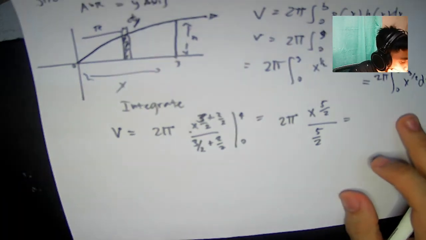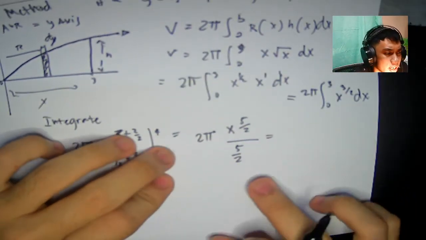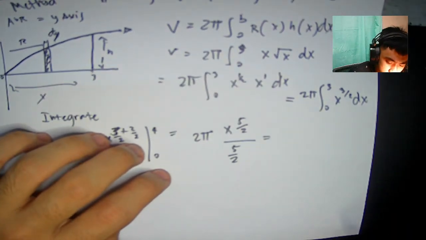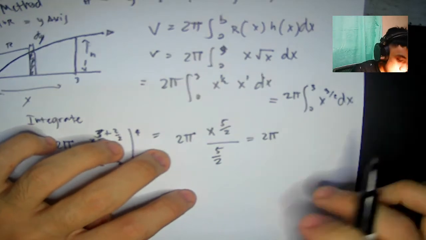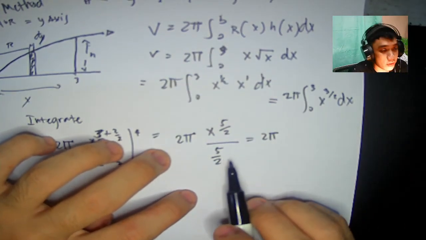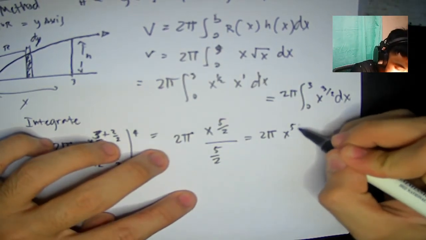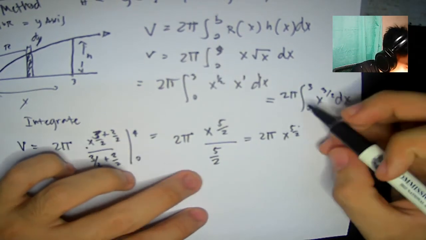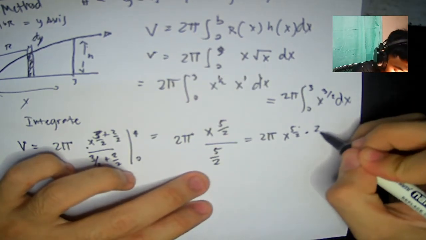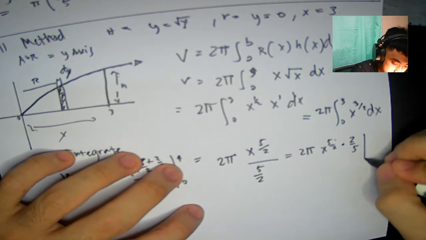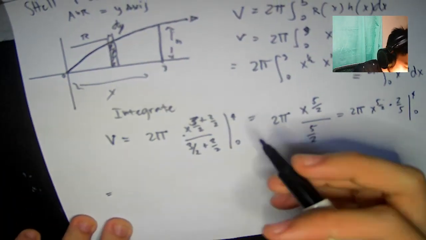So what we're gonna do here, so this is such a very hard thing to integrate. So I'll just put this 5 over 2 outside, so we'll just have x to the 5 over 2 times the reciprocal over 5, for 0. So we have 2 pi.